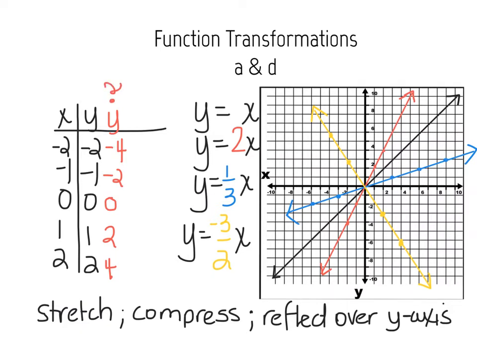I'm guessing you can guess what happens with the 1/3 graph. With the 1/3 graph, I don't really have beautiful points with the parent function, but what's going to happen with the blue graph is I'm going to multiply everything by 1/3. And instead of -2, I'm going to have -2/3.